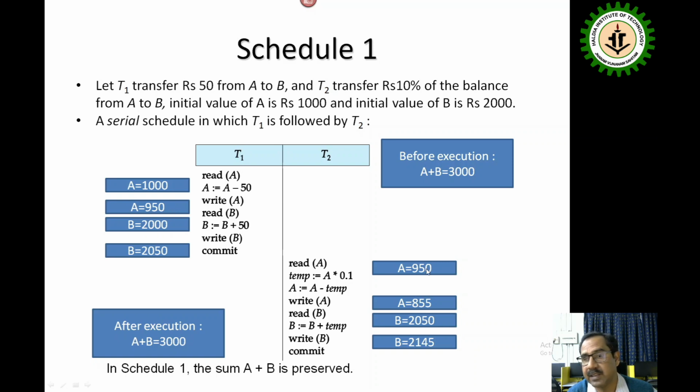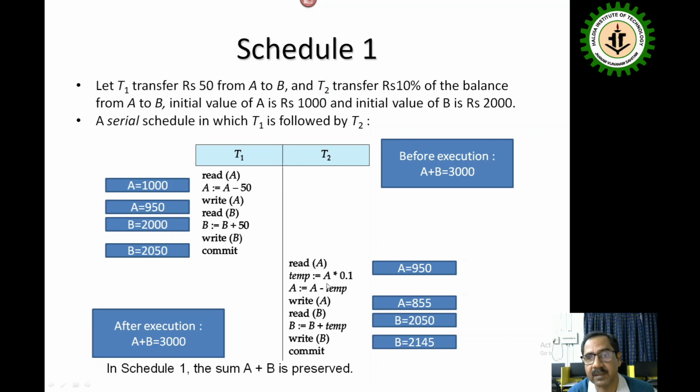So read A equals 950, rupees 950, not 1000, because the initial value 1000 was updated by T1. That's why when T2 reads the value of A, A equals 950, then T2 transfers rupees 10% of the balance from account holder A to account holder B.